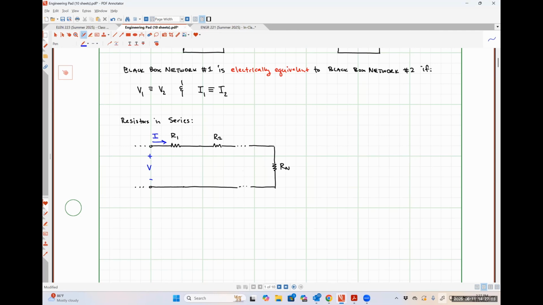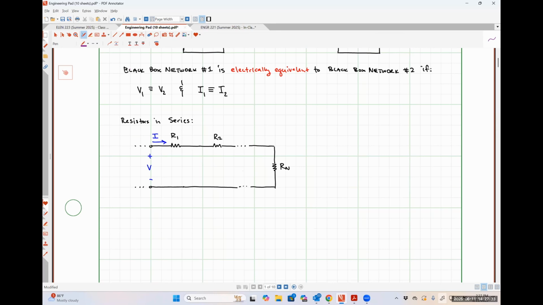And so what I'm going to do now is label the voltage drop across each of those resistors in my network. And I'm going to choose to put the positive polarity terminal such that my current I is flowing into the positive polarity terminal of each of these resistors. That's just going to make sure that when I use Ohm's law in a minute or two, I'm never going to have to worry about any negative signs.